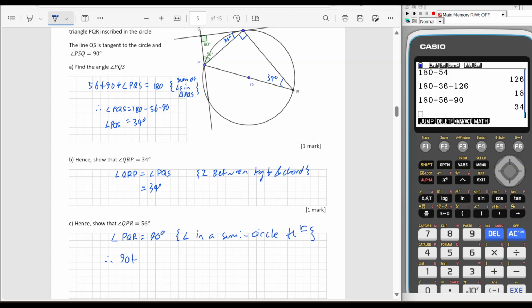Therefore, 90 plus 34 plus angle QPR would have to equal 180. So this is sum of angles in triangle QPR.